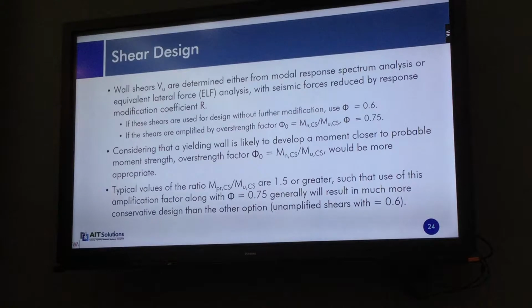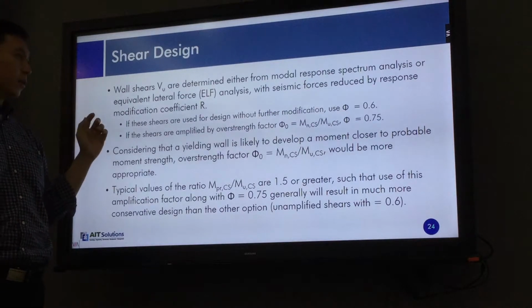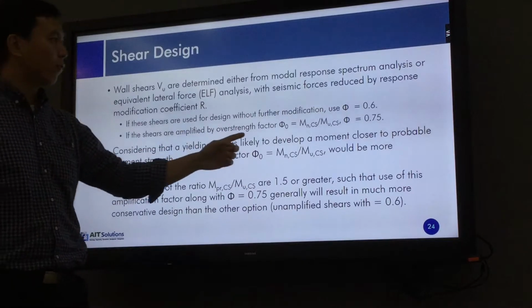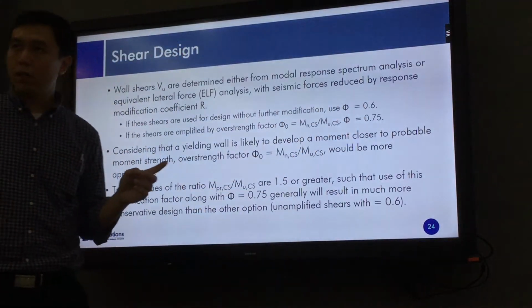Another one is the shear design of the shear walls. For the shear design of the shear walls, the code mentions that for concrete components, if we do not check the probable shear demand based on the moment capacity of the members, we have to use phi equal to 0.6.